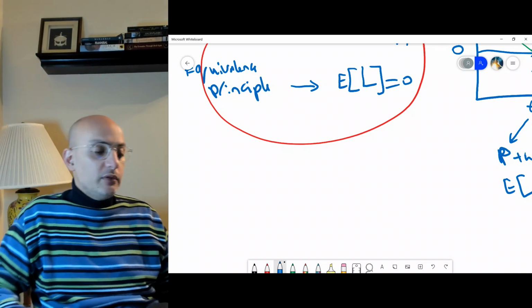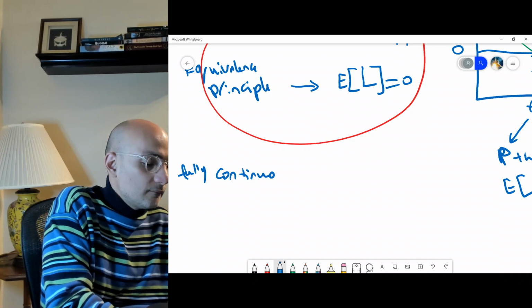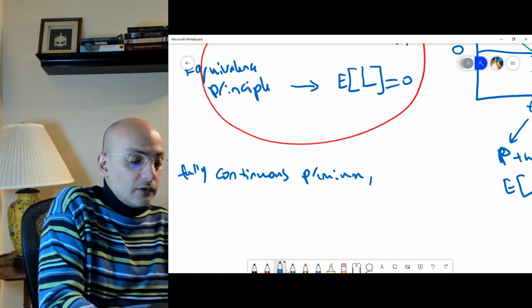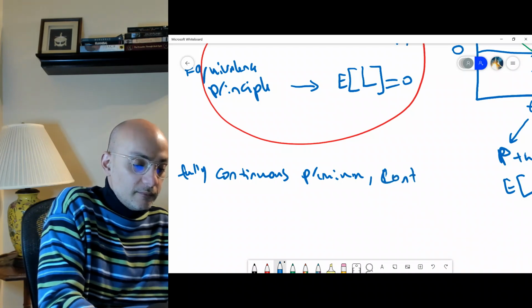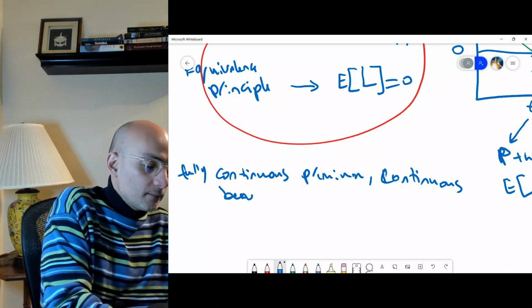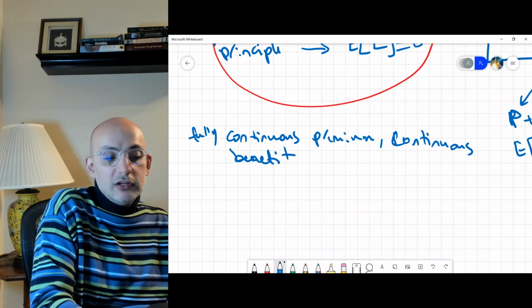We'll start with the fully continuous premium, and also continuous benefit. So continuous premium and continuous benefit.